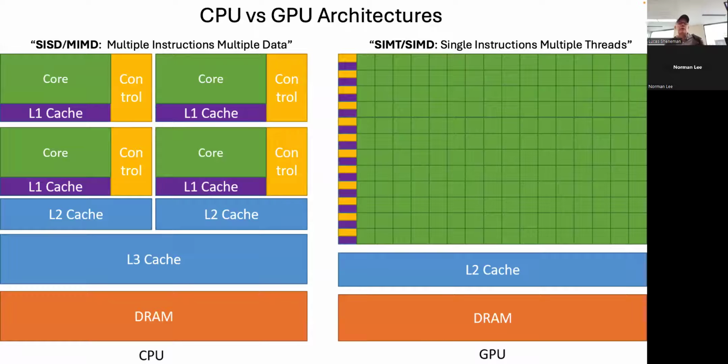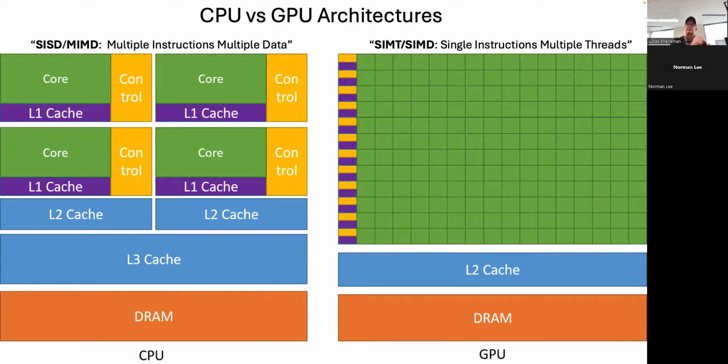Looking a little bit deeper on the left-hand side, you can see a typical layout of cores and memory. And that's really important. Not only how many cores a system has, but what's the memory hierarchy for that architecture. So on the left, you see a 4-core CPU. Each core has associated with it an L1 cache. Cache is just a small amount of memory that is really, really fast, but only that core can access its own L1 cache, right?